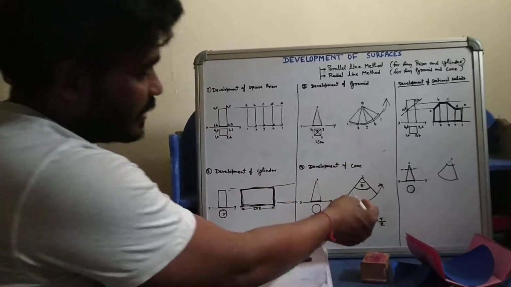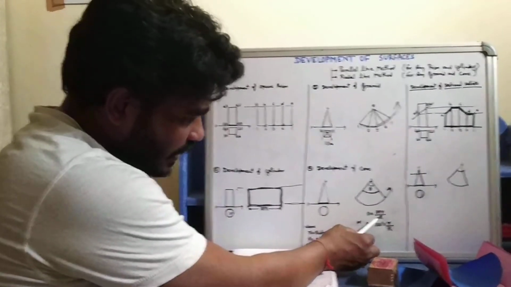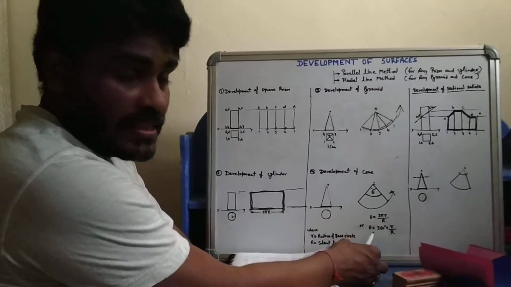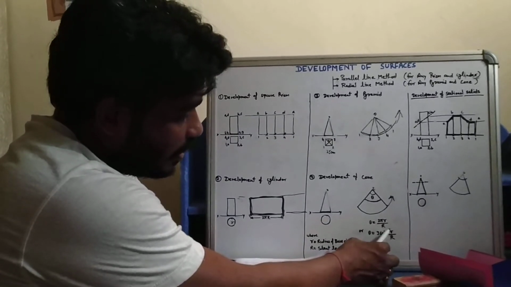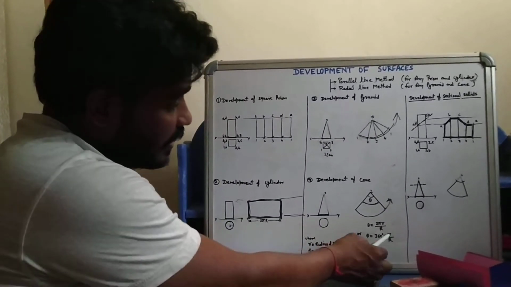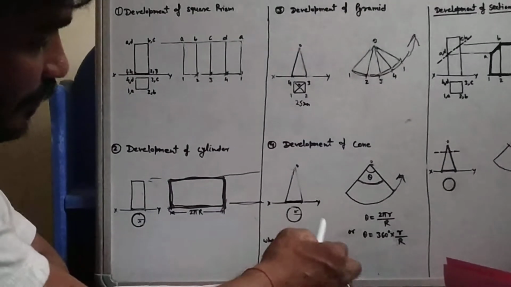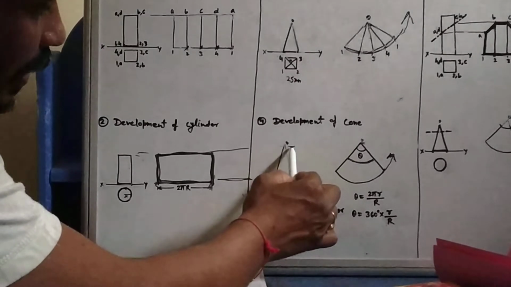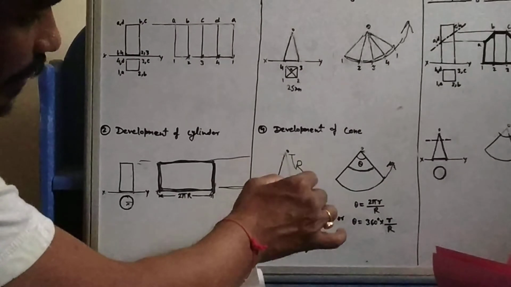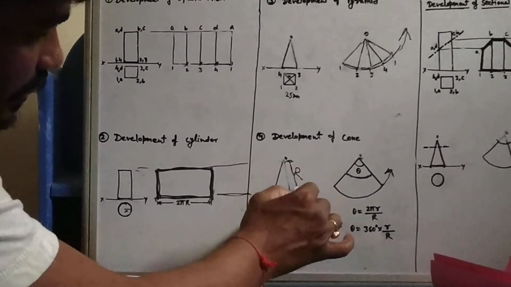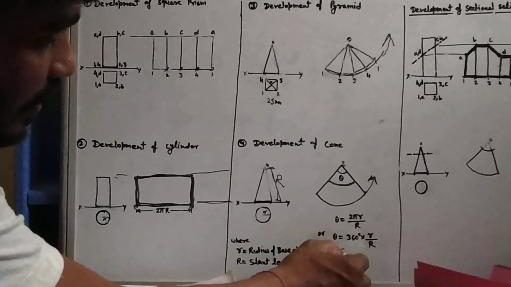So to find out this theta, we have a formula. Theta is equal to 2 pi r divided by R, or we can say theta is equal to 360 degrees into r divided by capital R, where small r is the radius of the base circle and capital R is the slant height. Put the values and you will find some value.